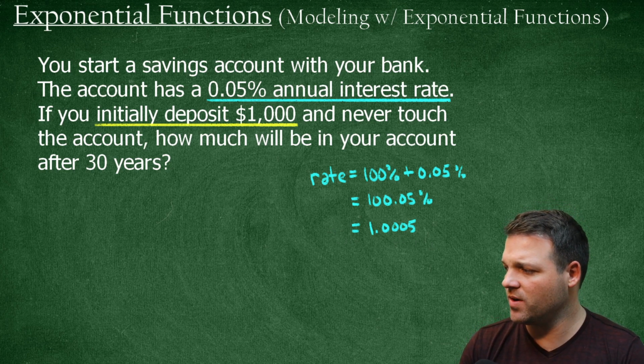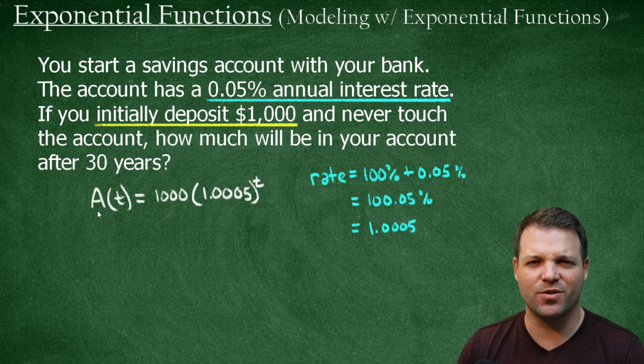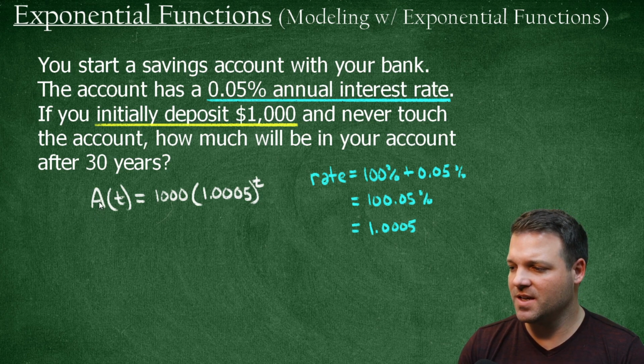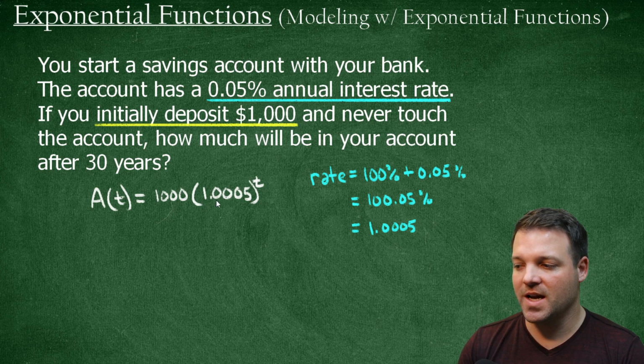All right, so now let's go ahead and apply these. So in this case I said A of t, just stands for amount, I guess. So the amount in a given amount of time is equal to my initial value at time 0, right, of $1,000, and then times our growth rate here, our interest rate, which is 1.0005, all to the t power.